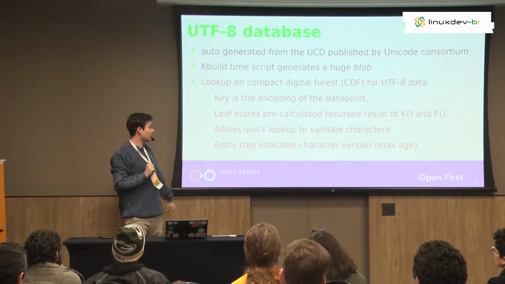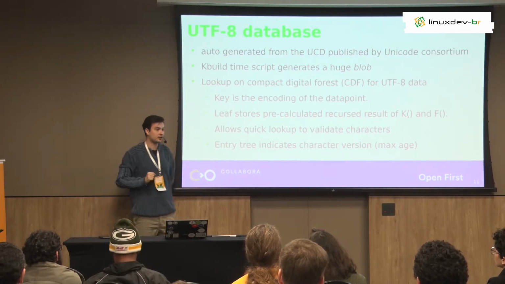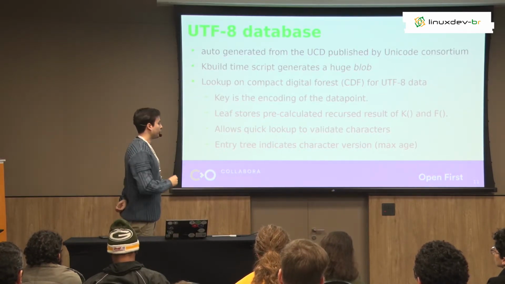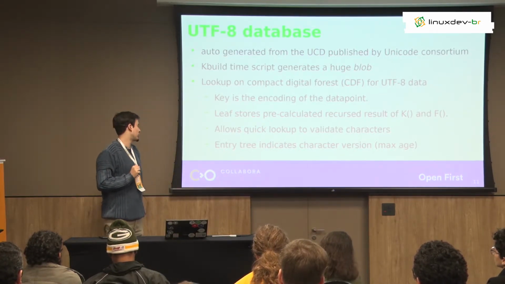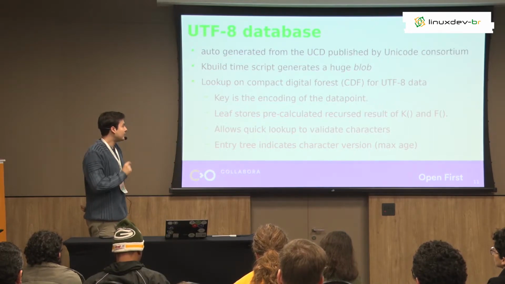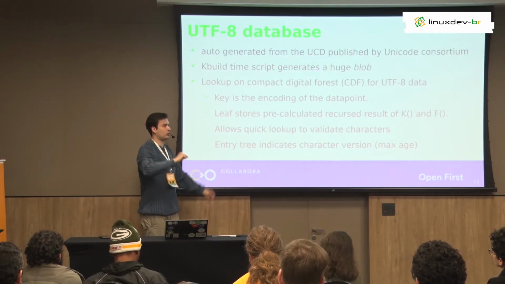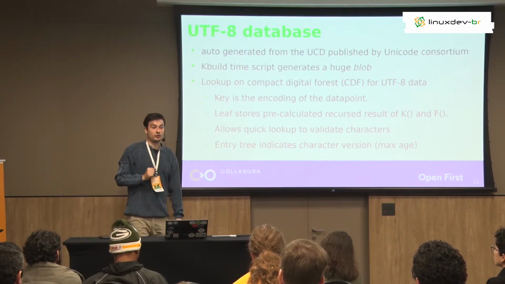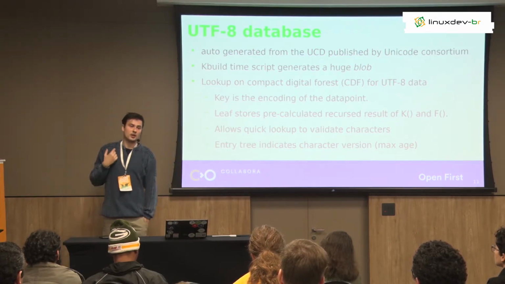And it's cool because it allows very quick lookups to validate characters. So if you create a file with an invalid file name, I know very fast and I can just reject your operation. And the entry of the tree, remember, is a forest. So you have several trees, and the tree that we choose decides the character version. So we have versioning by default.